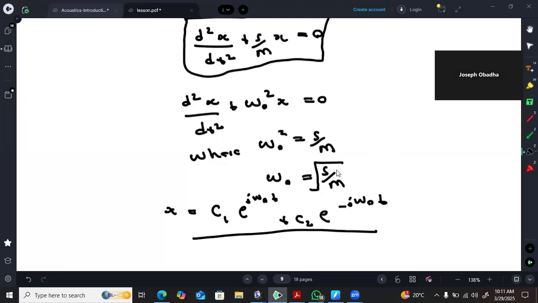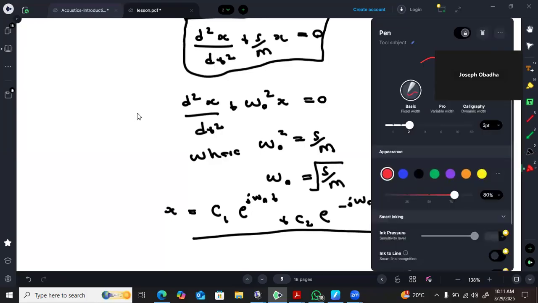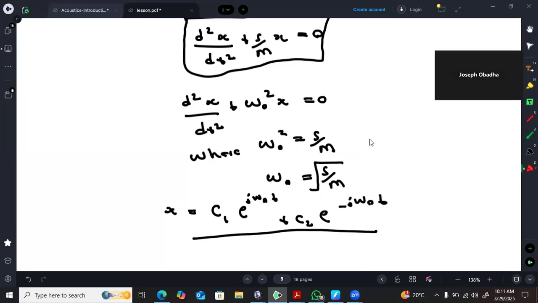This actually represents a wave, because if you look at this, let's say you have the equation e to the jx, then it's the same as cos x plus j sin x.